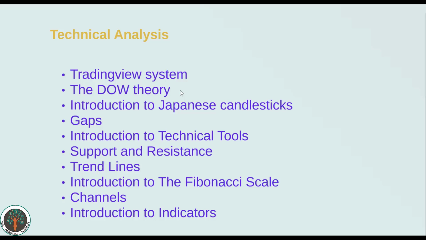Introduction to technical tools. Over here, we will start to talk about the different technical tools that we can use, and a part of that obviously is support and resistance, trend lines, and other methods based on this idea. Every technical instrument has a connection to the psychological aspect as well.